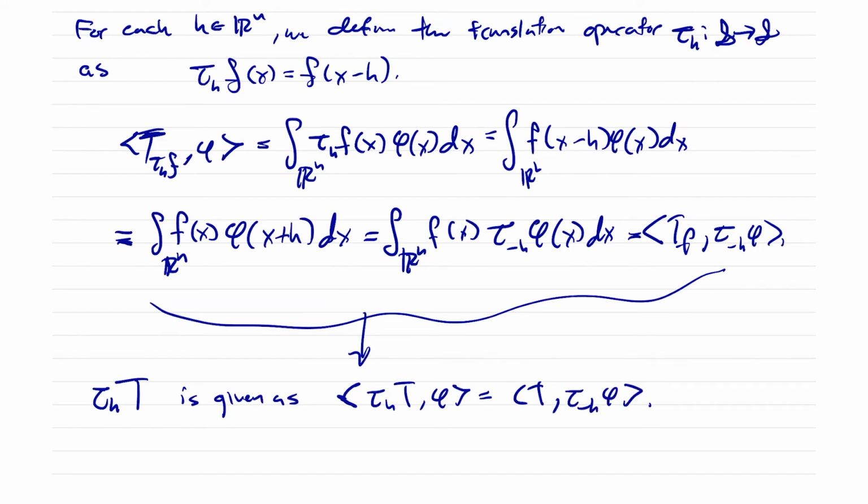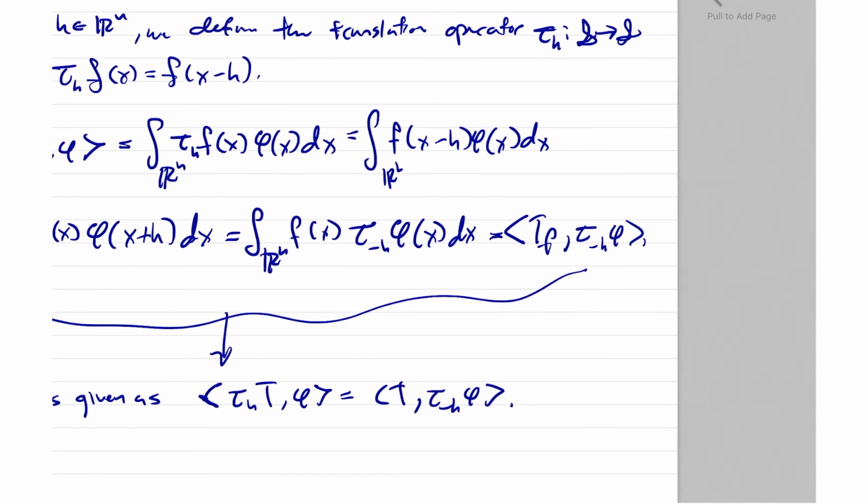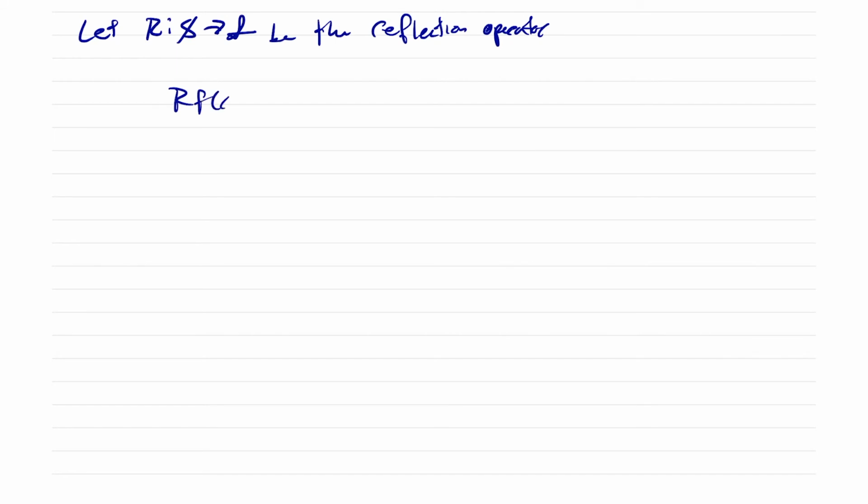Okay, so now we can do similar things. For instance, if we let R going from S to S be the reflection operator, and so this again happening to a regular function would be R of f of x equals f of minus x.